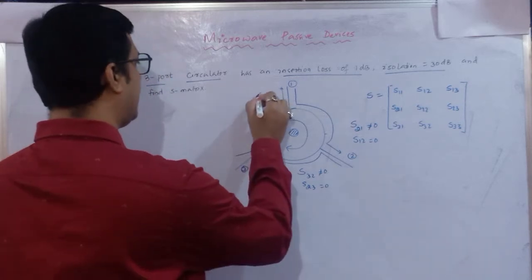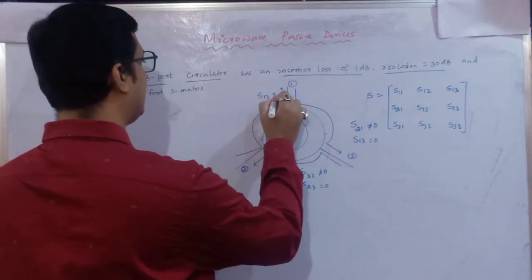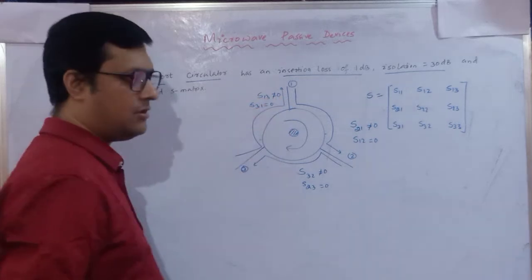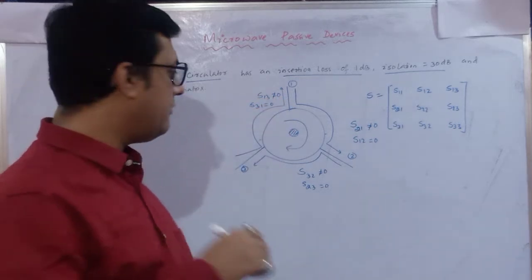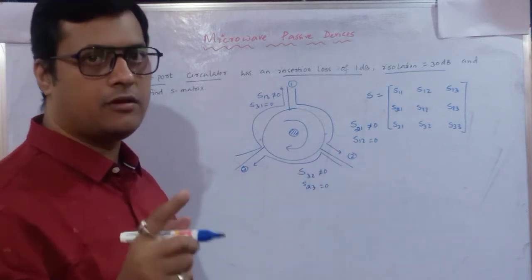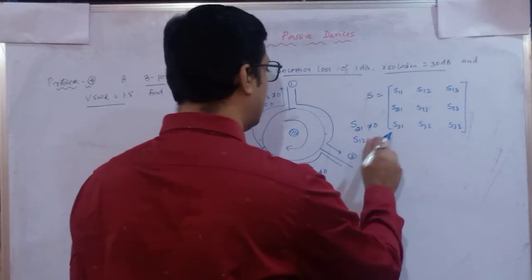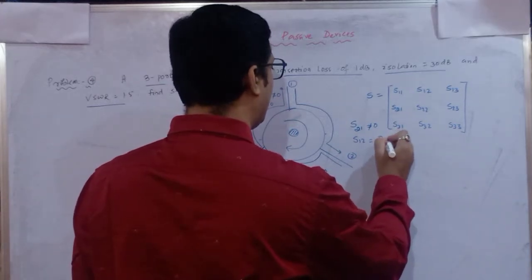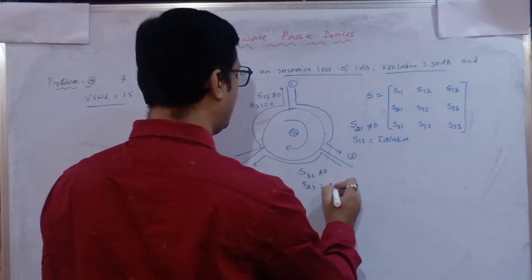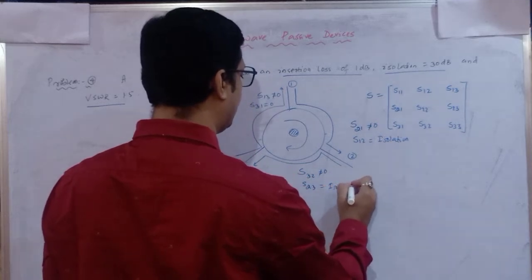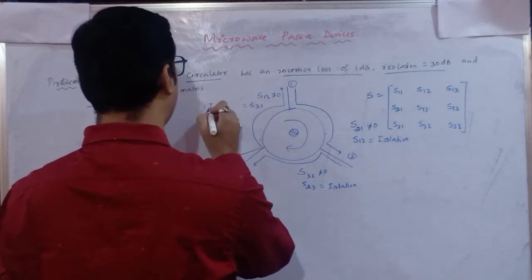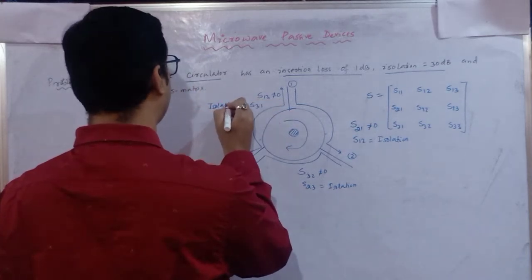So here I can write S13 is not equal to 0, but S31 is equal to 0. So that means S31, S23 and S12 indicate the isolation ports. Remember this. So here it is isolation, here also it is isolation, and here also S31 is isolation.